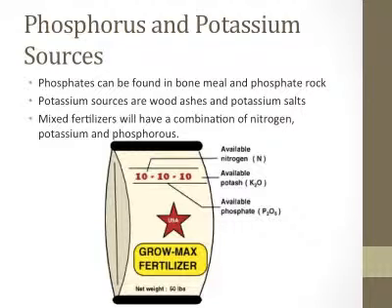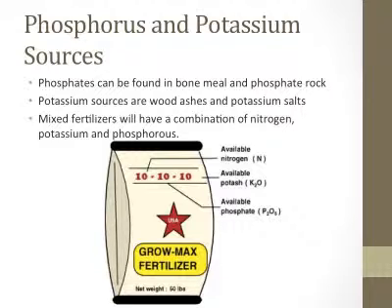A lot of times when you're buying a fertilizer, you're not buying one that is 100% nitrates, or 100% phosphates. You're usually buying a fertilizer that has a little bit of each. Different plants prefer different fertilizers, so you just have to find the fertilizer that works best for the plant you are raising.